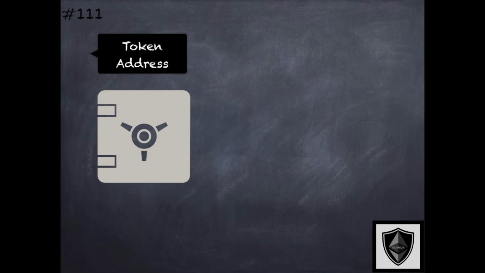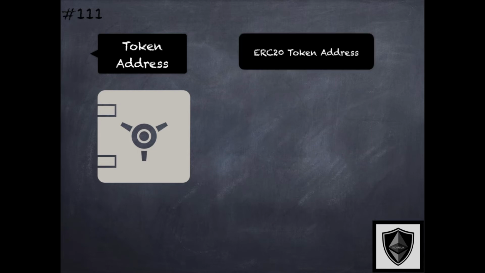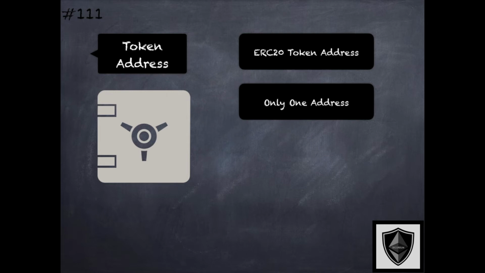ERC20 contracts should be working with a single token address. What this means is that there should be a single address that maintains the balances of different users interacting with that contract. And this effectively means that there is a single entry point for checking the balances of users.